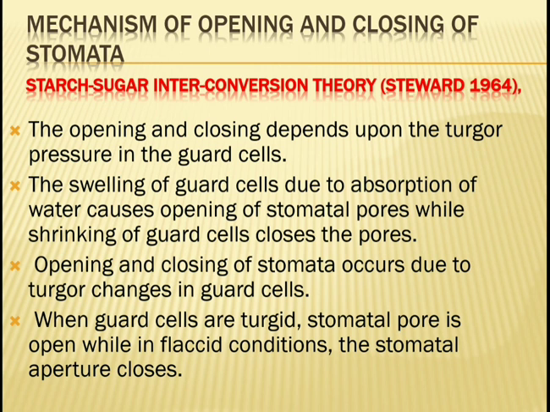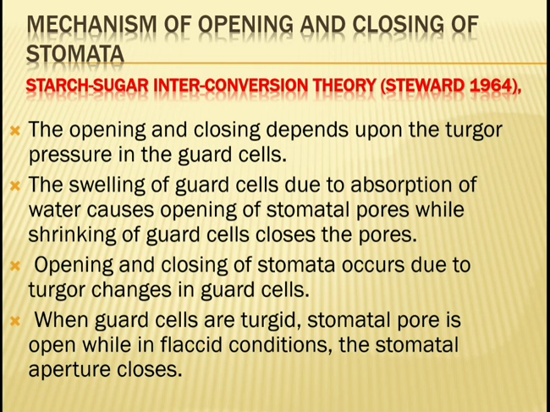In endosmosis, the guard cell becomes fully turgid. As a result, it stretches the pressure on the outer wall of the guard cell and pulls the inner wall. As a result, stomata remain open.